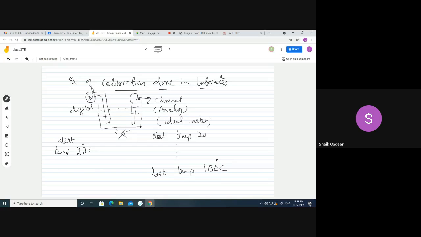So this instrument is showing 100 degrees and the instrument under calibration is showing 110 degrees.